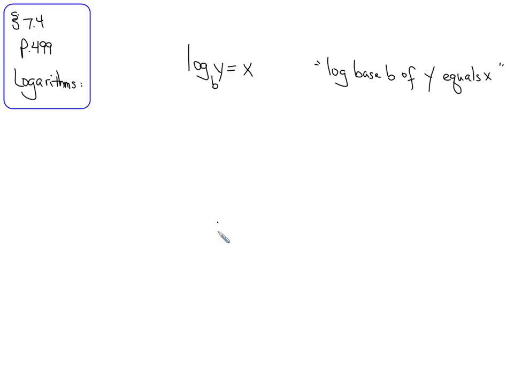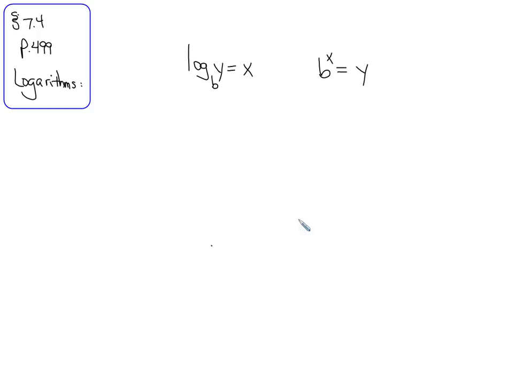This is related to something that we've been dealing with. This is related to our exponentials. Think about something like this. b to the x power equals y. That's an exponential equation, right? We've been graphing things like that, like y equals e to the x, or y equals 2 to the x, or y equals 5 to the x. So that's an exponential.